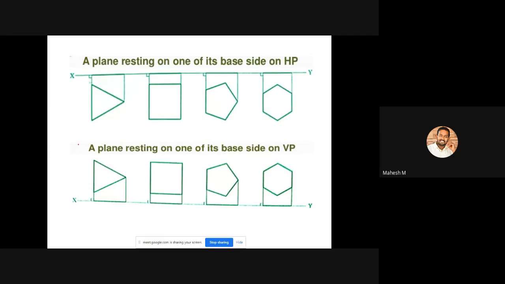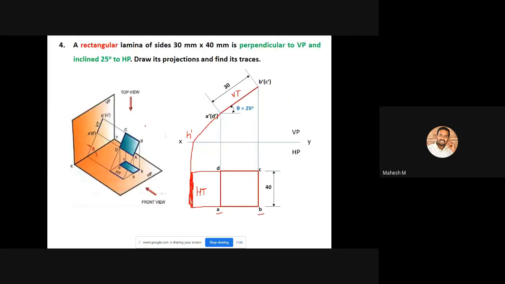The first condition is a plane resting on one of its base side on HP. In this condition you have to remember one thing: whether the plane is resting based upon the side or based upon the edges. So check that first. Once they say resting on one of its base side on HP, it is compulsory. Look at the planes seen earlier: one view will be our plane and another view will be a line.